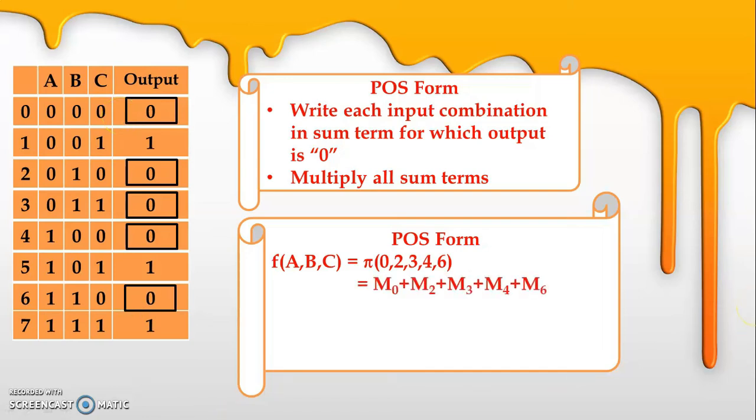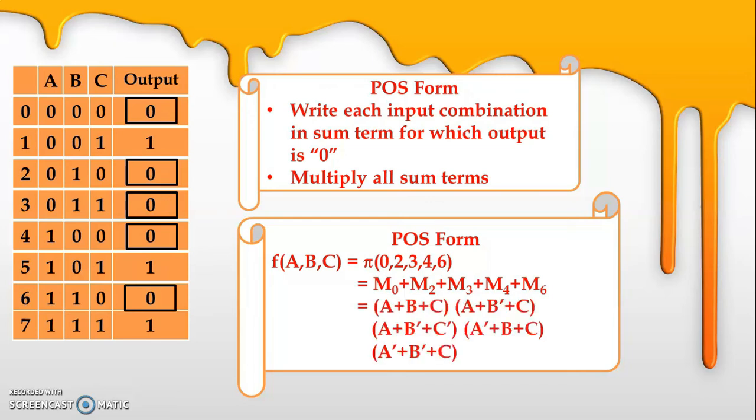This can be written as capital M, for the max term: M0 + M2 + M3 + M4 + M6. And if we write the sum term literals, then for M0 we can write A + B + C. For M2, that is 0, 1, 0. We know that for 0 we write uncomplemented, and for 1 we write complemented.